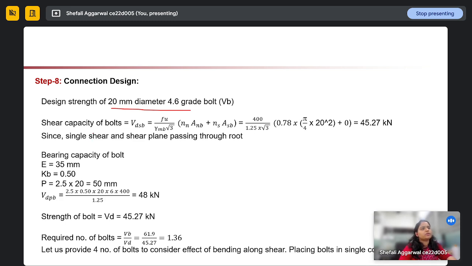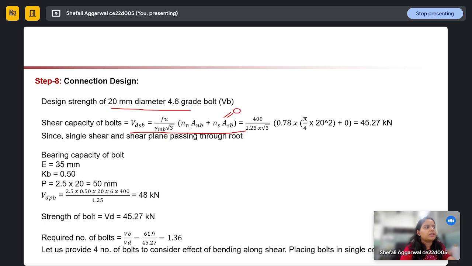So we will calculate the shear capacity of our bolts. This is the formula for calculating the shear capacity of our bolts. Since in this case the shear plane is passing through the root and it's in single shear, the value of Ns, As, B in this direction will be equal to 0.